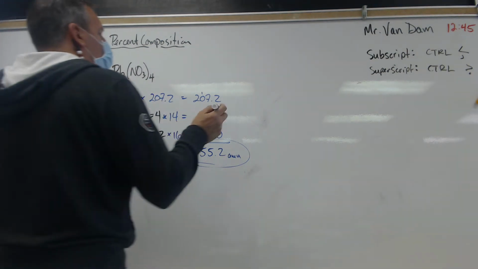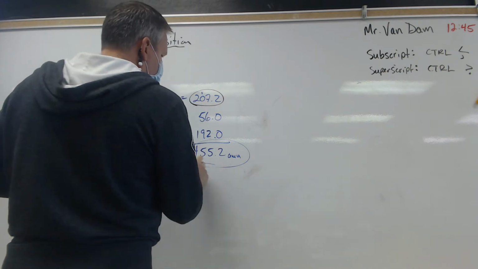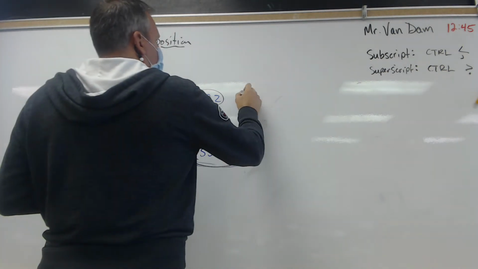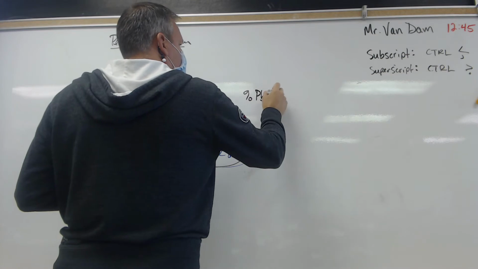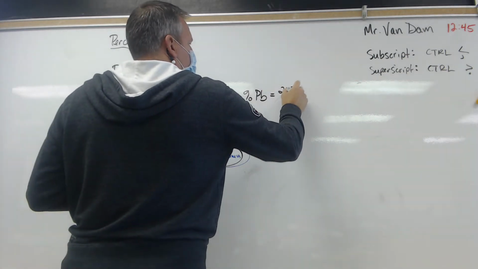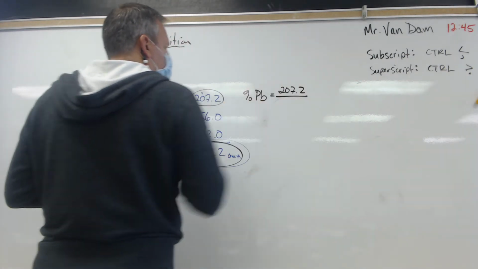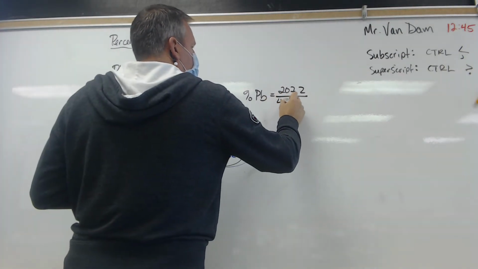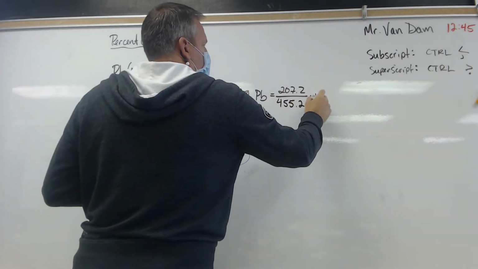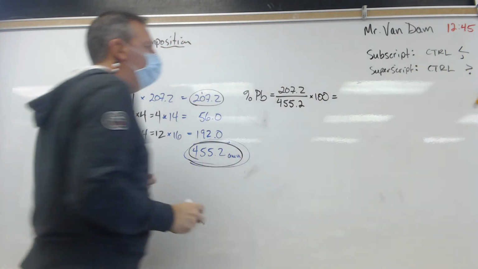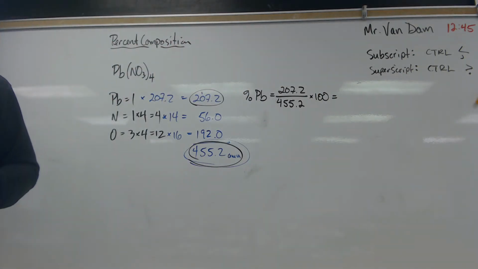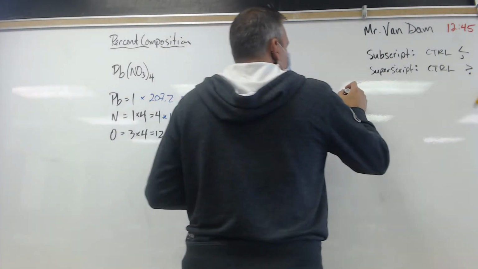This is the part, this is the whole. So the percent lead is just 207.2 divided by 455.2 times 100. So let's go ahead and do that calculation. 207.2 divided by 455.2 times 100, and I get 45.5%.